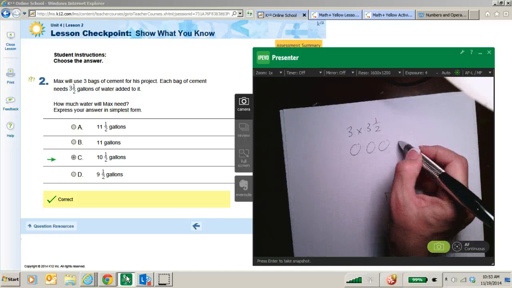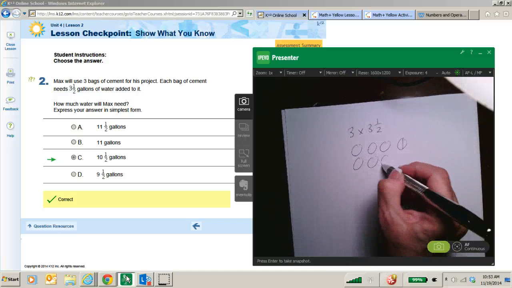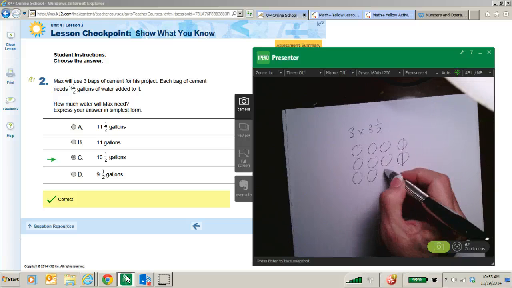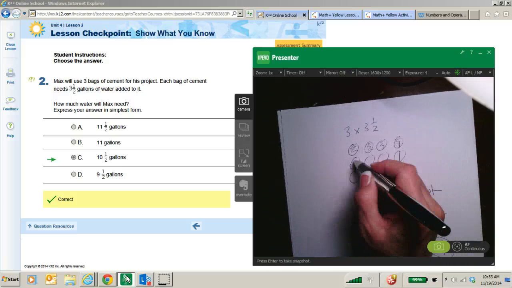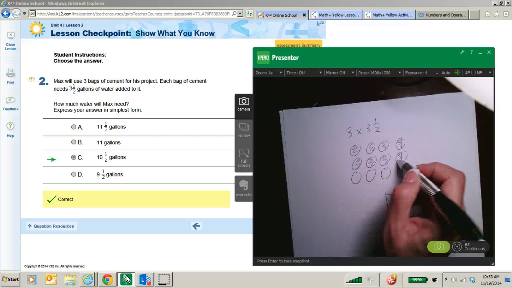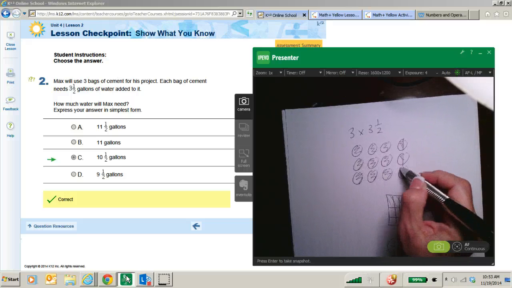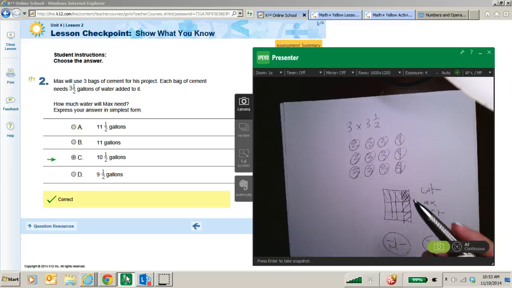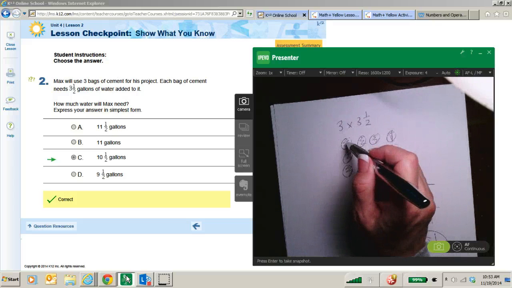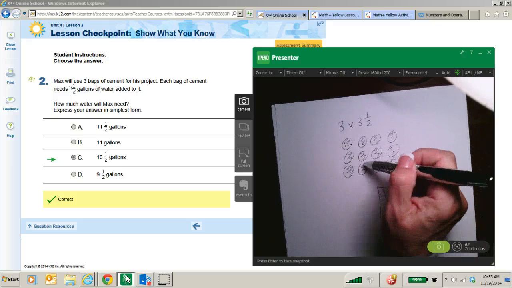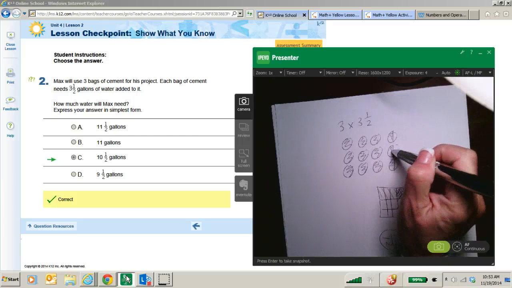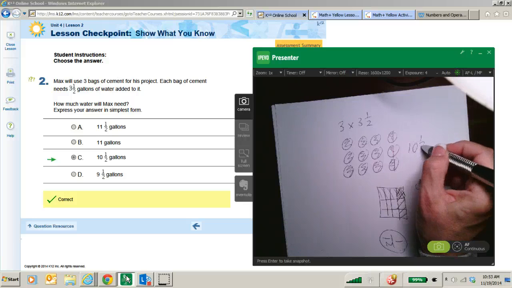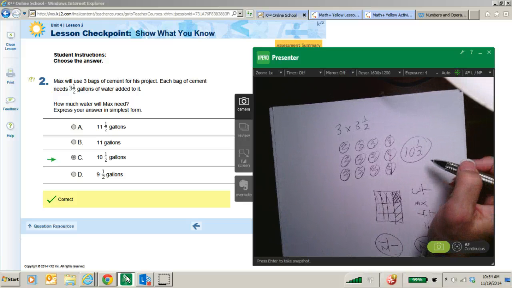So I'm going to do 3 1/2, 3 times, because it doesn't matter the order here. So I have 3 1/2, and I have it 3 times. So let's see how many wholes and halves we have. We have 1, 2, 3, 4, 5, 6, 7, 8, 9. This half and this half could make 10, and I have 1/2 left over. So the answer would be 10 and 1/2.